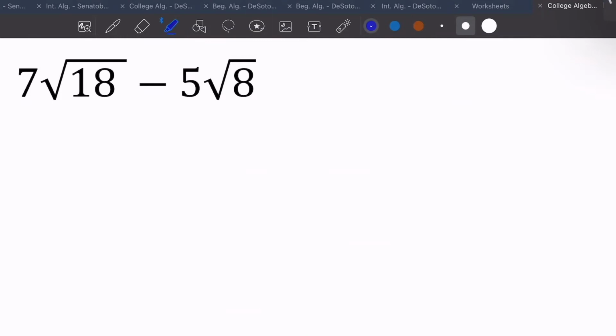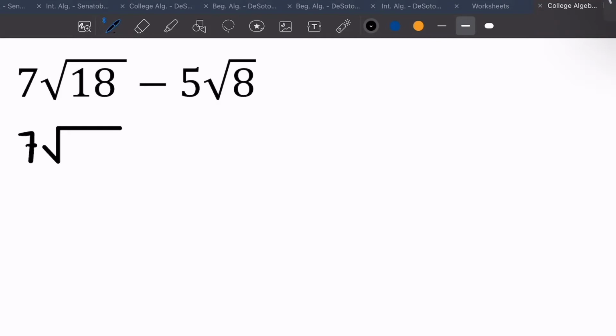Okay, so 7 on the square root of 18. 18, nothing about 18 helps us out. Let's think of the factors of 18 that would do us some favors, okay? So you're thinking 1, 4, 9, 16, 25, 36, 49. Okay, those are numbers that you need to be thinking of.